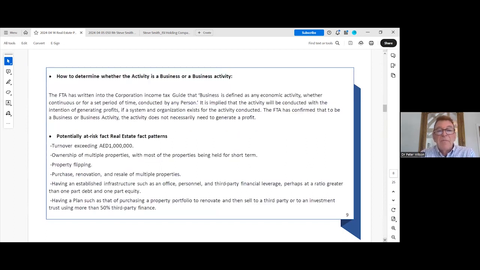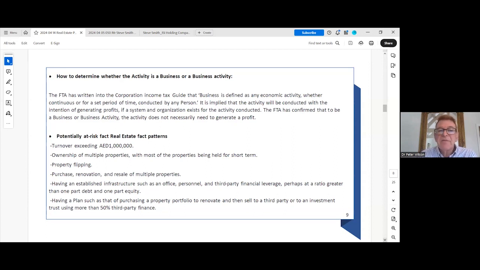Now, the next question that we have to look at is, how do we determine whether somebody's activity is a business or a business activity? I mentioned previously that if somebody's got one apartment, renting it out, it would be almost inconceivable that that wouldn't be a real estate investment activity.